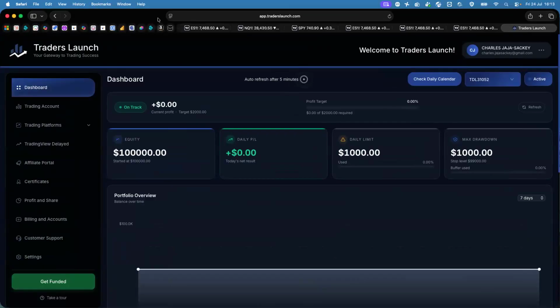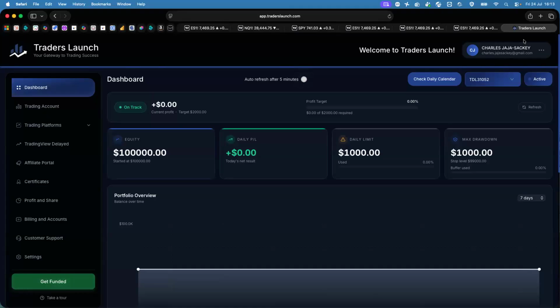Can everyone see this page? Yeah, we can see a dashboard. Okay. So it's, what's it called? Let me just see.